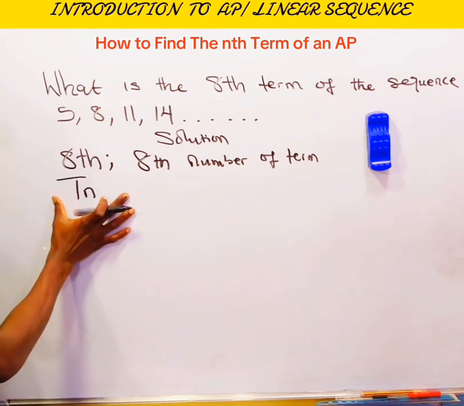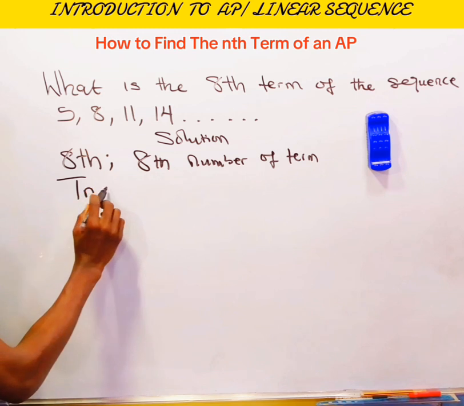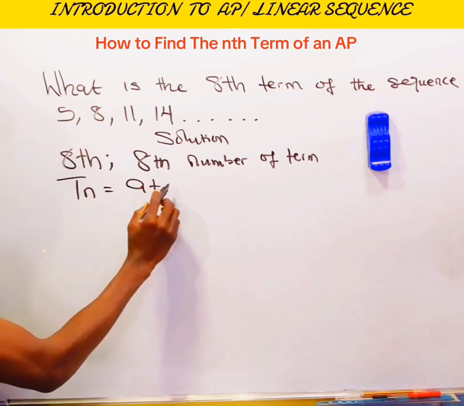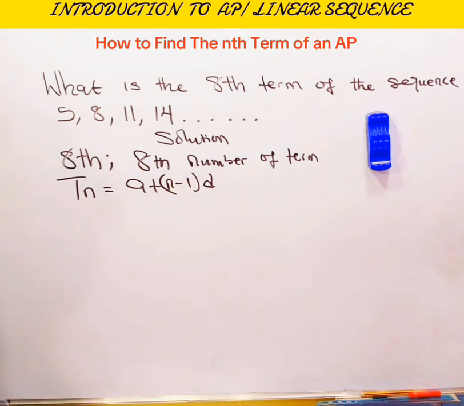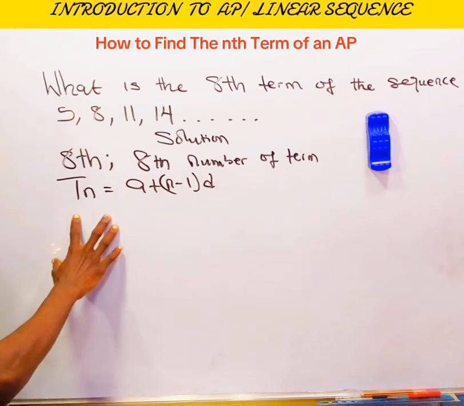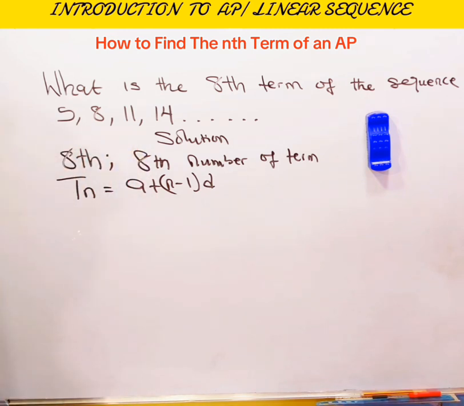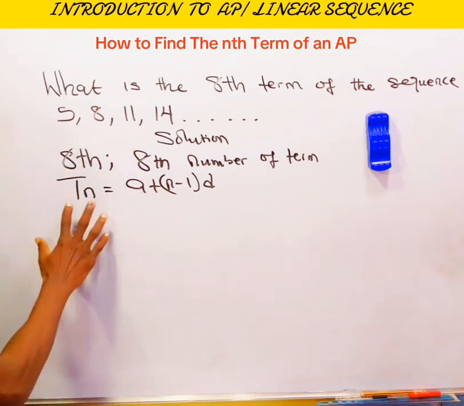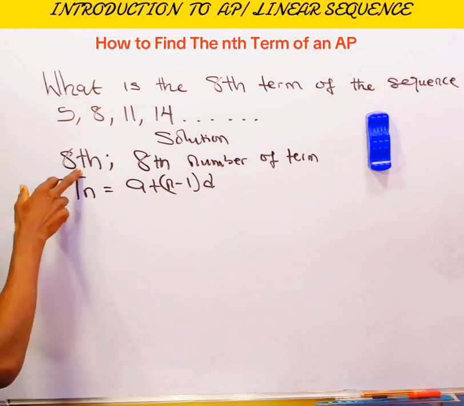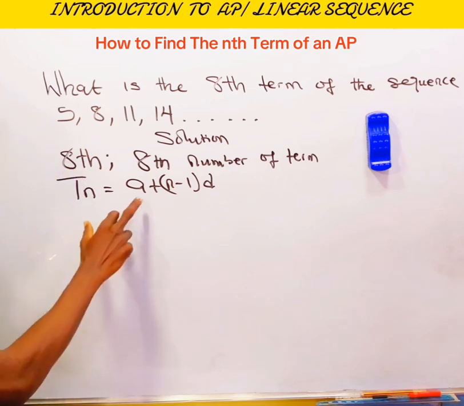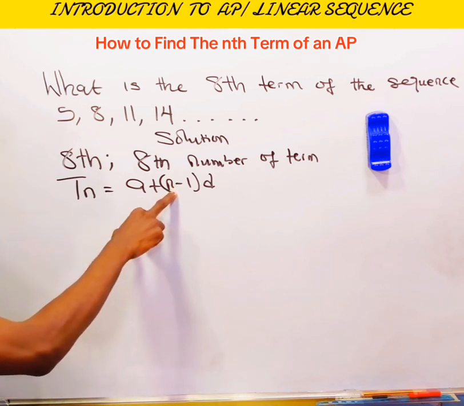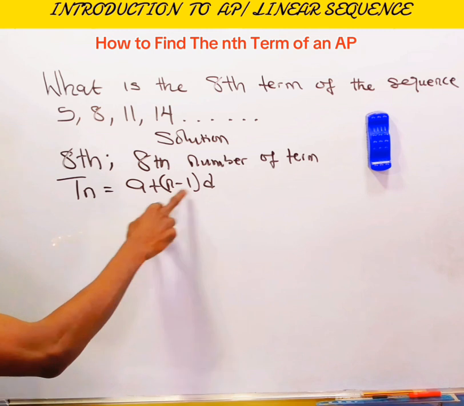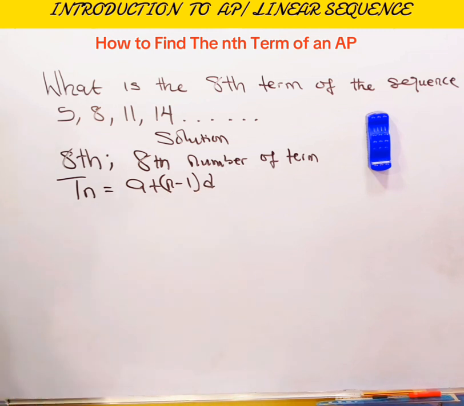To find a particular term, the general formula is Tn equals A plus n minus 1 times D. This is the formula for finding any term in an AP, where Tn represents the term, which is the 8th term, A represents the first term, N represents 8, the number of terms, minus 1, and D is the common difference.